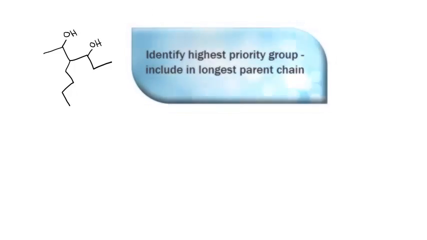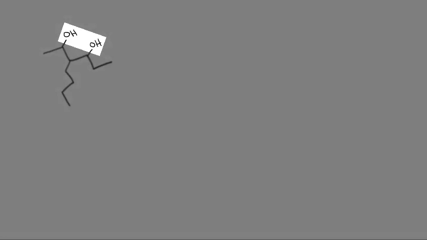Okay, here's the last compound we'll take a look at for this session. First thing we always do, identify the highest priority group in this molecule. This is an alcohol, not an alkane, because of the 2 hydroxy OHs. So we're not dealing with just a single alcohol, we're dealing with 2 alcohols.